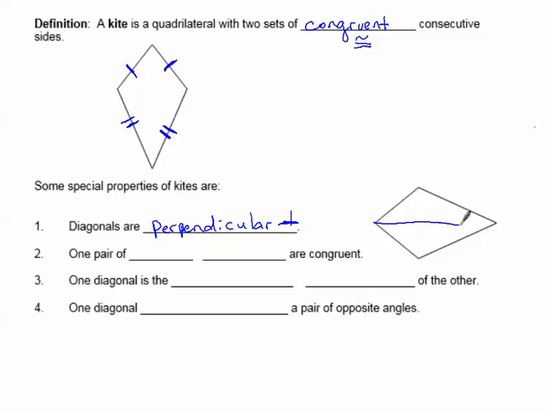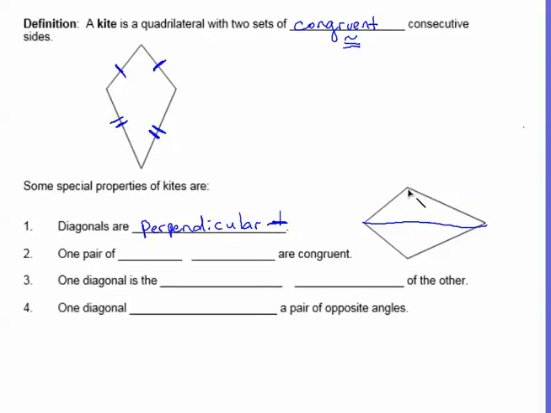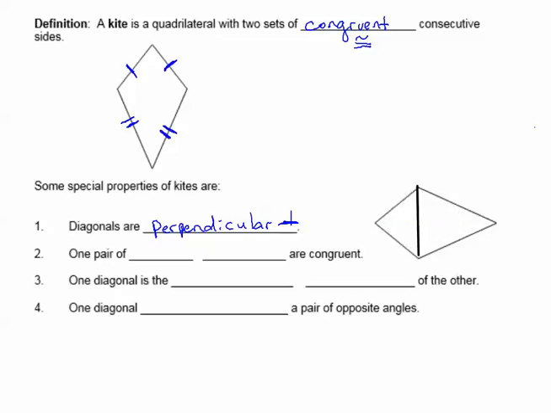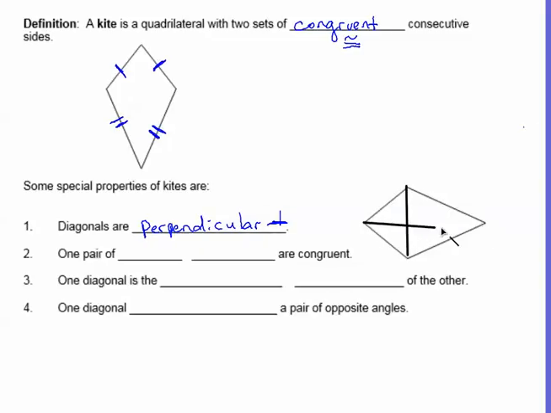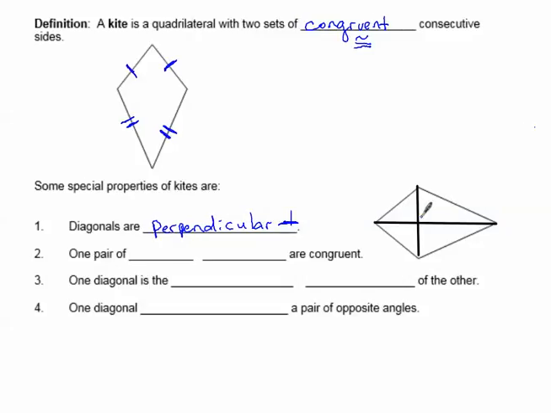So the diagonals, this line... Okay, so those are perpendicular. That means they make 4 right angles.